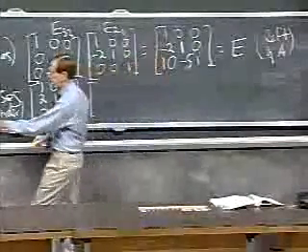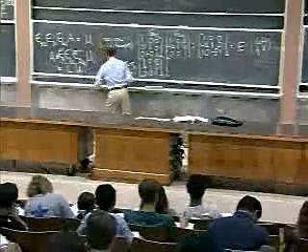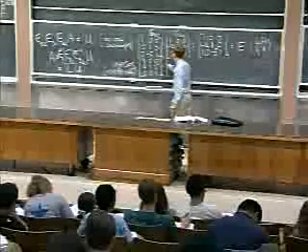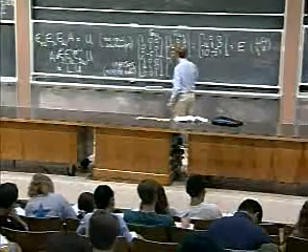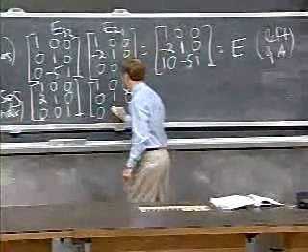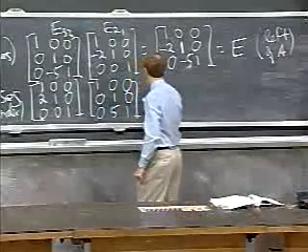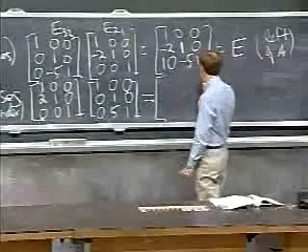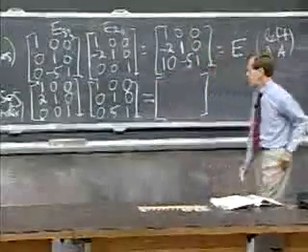Just this, right? So now the inverse is again the same thing, but adding in the 5. And now I'll do that multiplication, and I'll get a happy result.